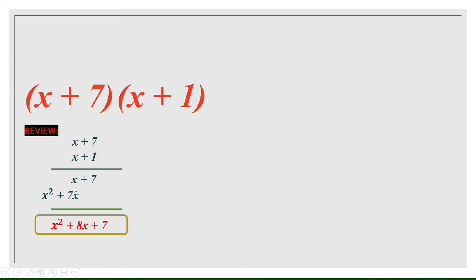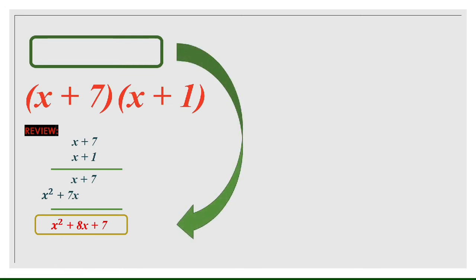So, that made us the assumption na x plus 7x is equals to 8x. Next, we will just be dragging down the x squared since we don't have any number to add with x squared or any other number na merong same variable as x squared. So, the answer is x squared plus 8x plus 7. Okay, so that is the answer. This is actually the way how we multiply factors or algebraic expressions.